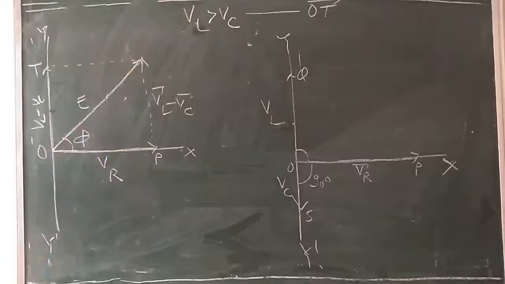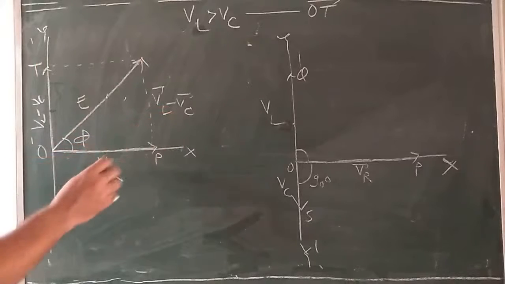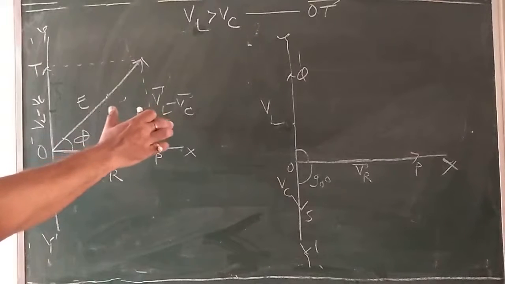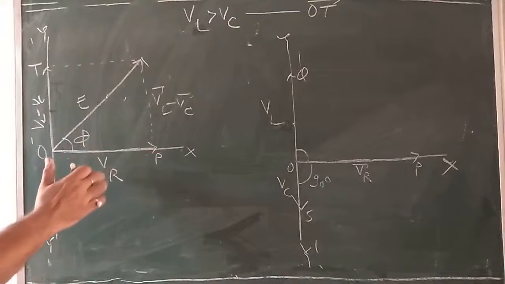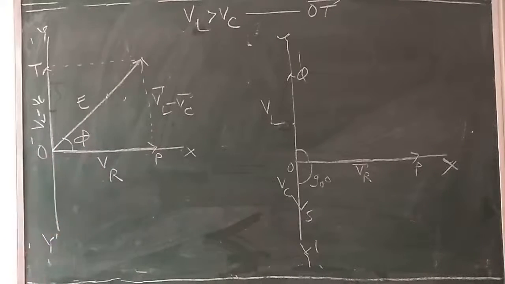The representation here is VL minus VC along this direction, and VR is along this direction. So this is the resultant of all the three.